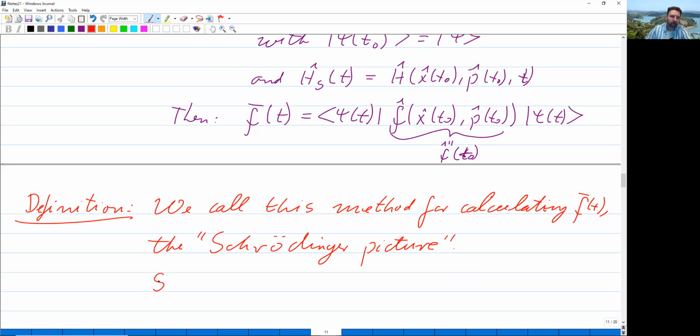States evolve, states psi of t evolve, and observables f hat of t naught are frozen.